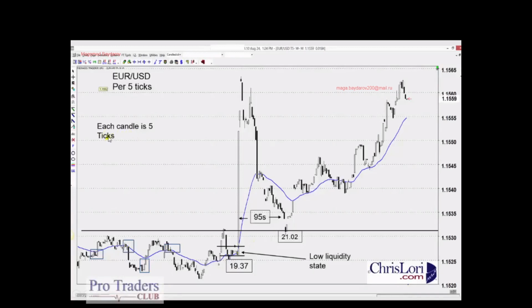Each candle is 5 ticks, so 5 new price changes. Okay, so at 19 hours 37, price was in this low liquidity state, and we saw a surge hit the market. And so the volume surge hit against a weak spot. It took 5 ticks to go from 25 up to 50, and you see this gap right here. Price is having to, because we're moving into a thinner state of liquidity, price is having to jump to find new liquidity.